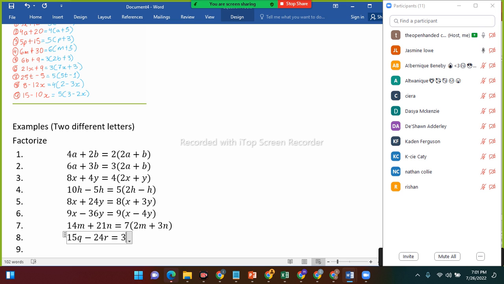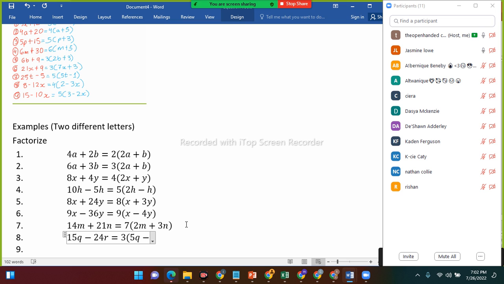8 times 3 is 24. So bracket, what goes for the 15? 5q, very good. And then minus what? What number goes in front of r?